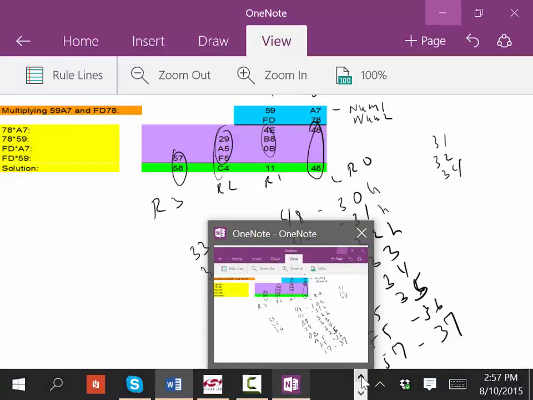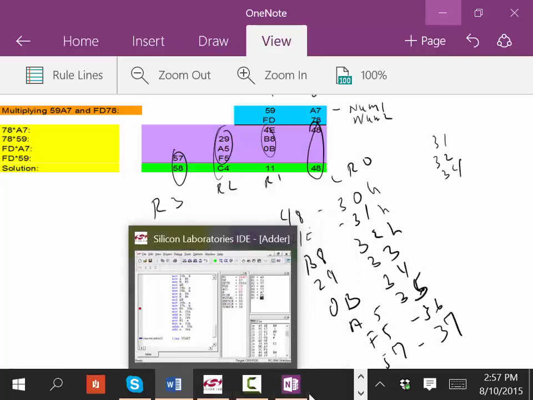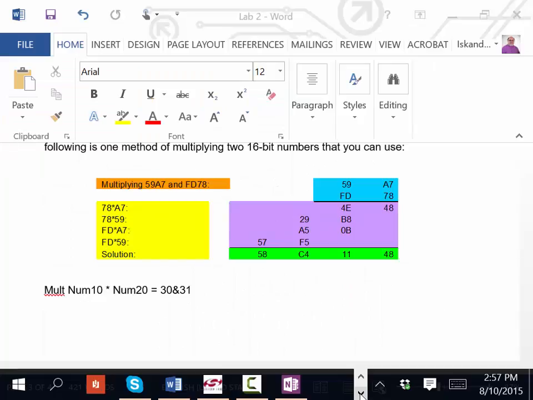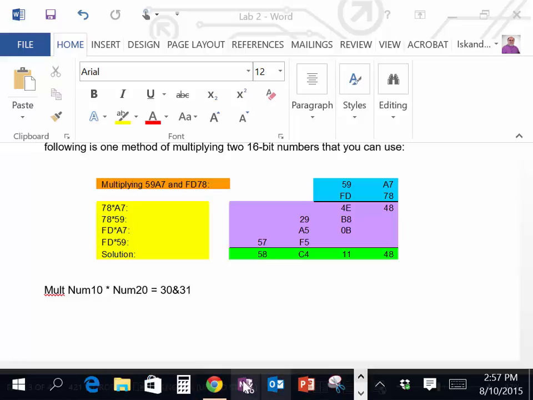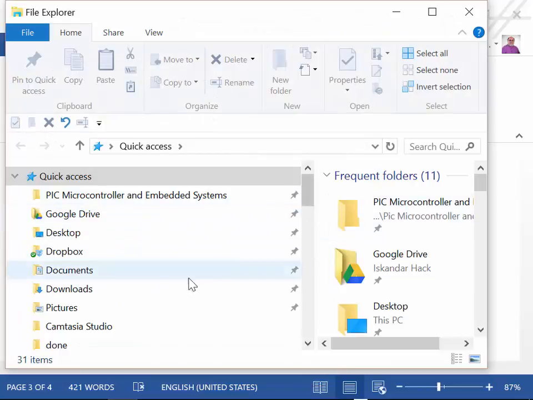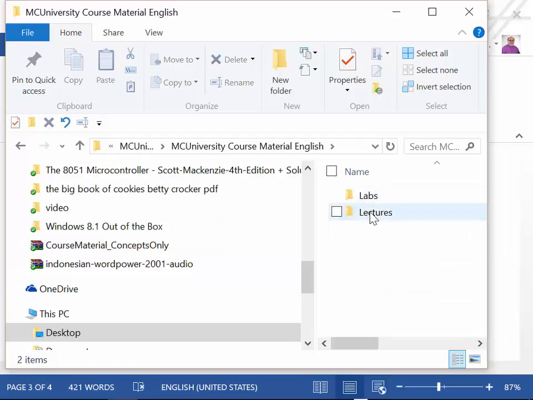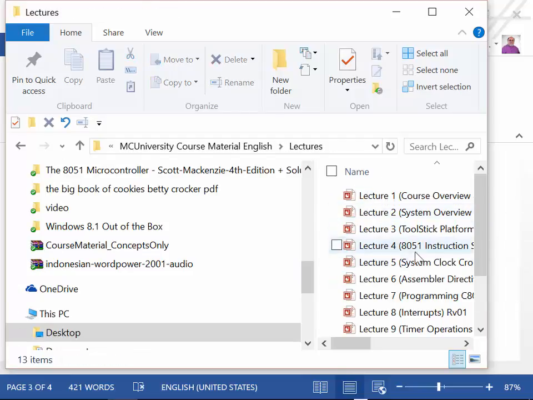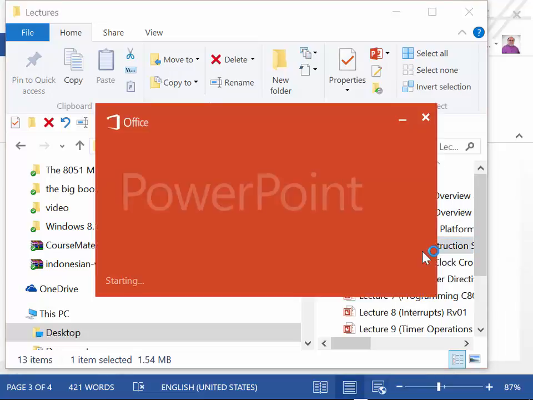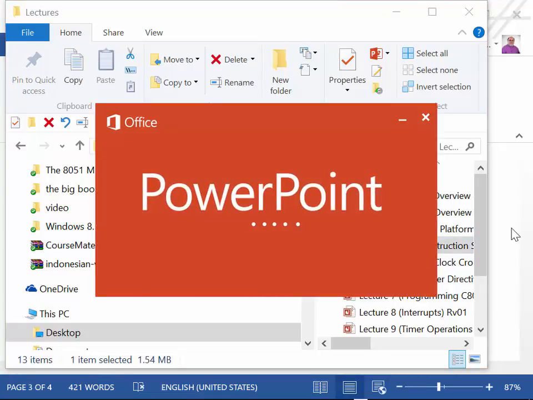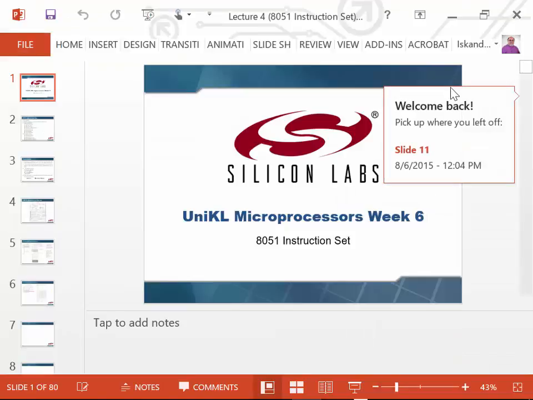Let me pull up the instruction set here. And let's see what we can do with the increment.